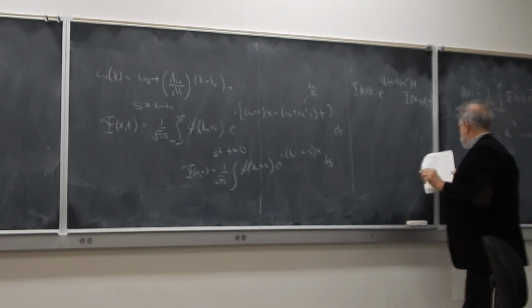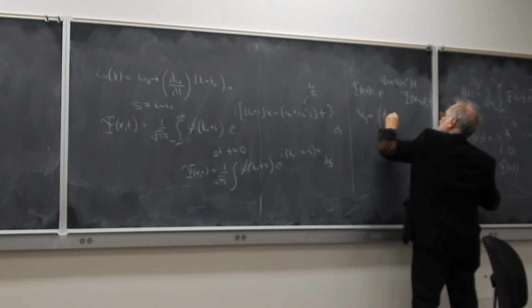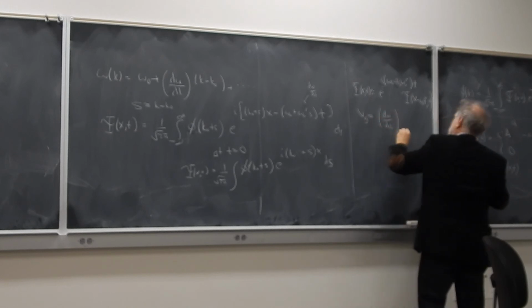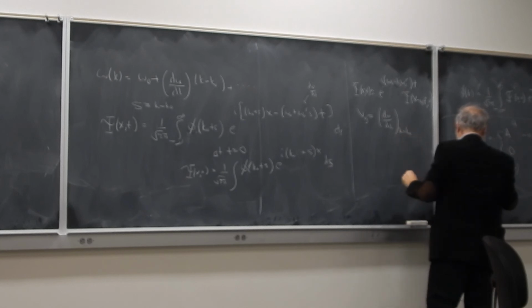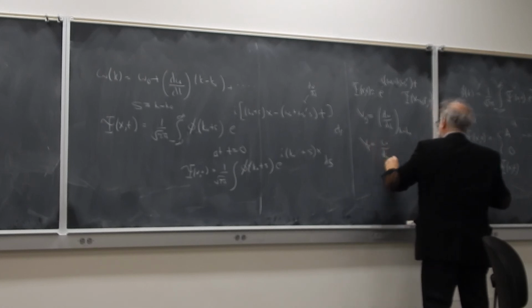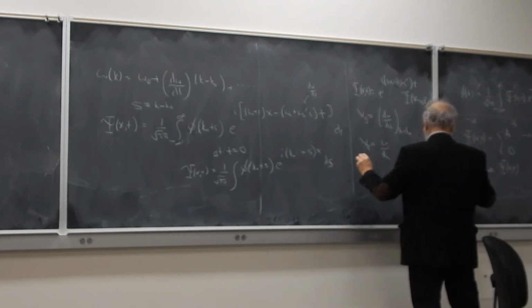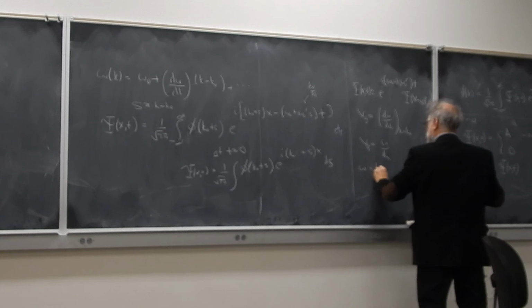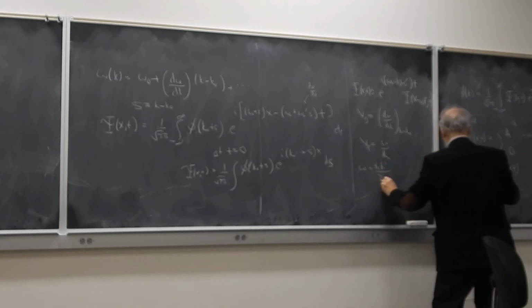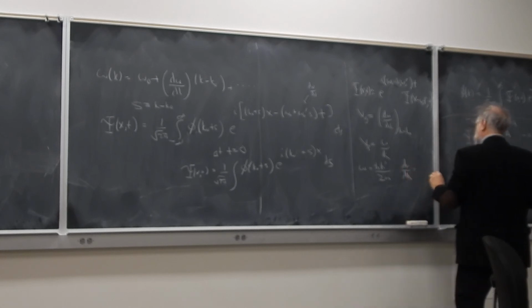So the wave packet moves at a group velocity of d omega dk at k equals k naught, unlike the phase velocity, which is equal to just omega over k. Since omega is equal to h bar k squared over 2m, d omega dk is equal to h bar k over m.